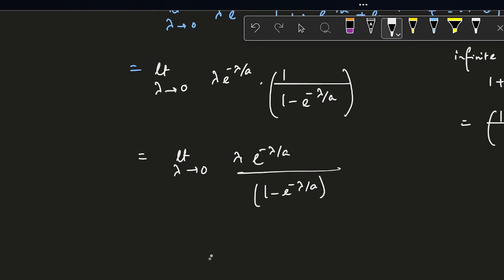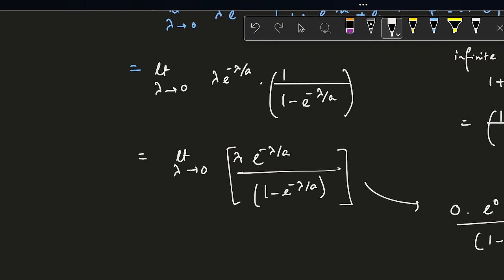Now you can see that in this term, if you plug in the limit value of lambda going to 0, then what will happen? First let us check. If we put the limit here, then lambda 0 in the numerator, and then e to the power 0 because lambda is 0, and in the denominator you get 1 minus again e to the power of 0.